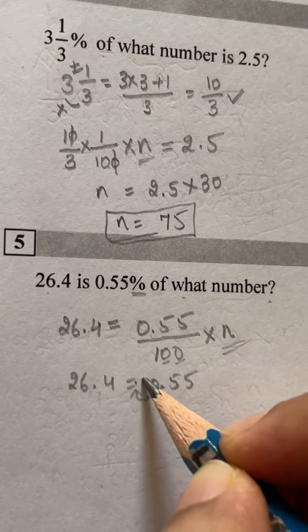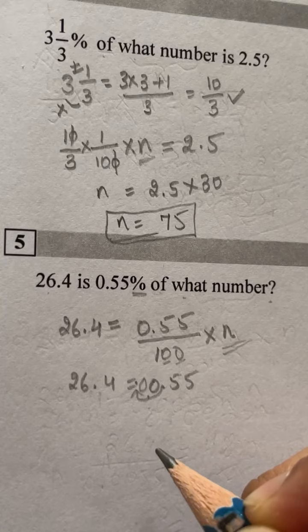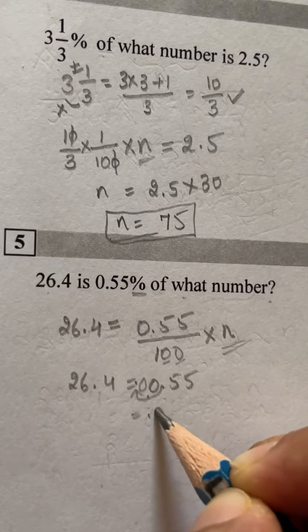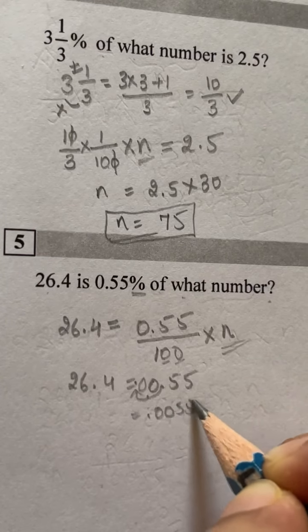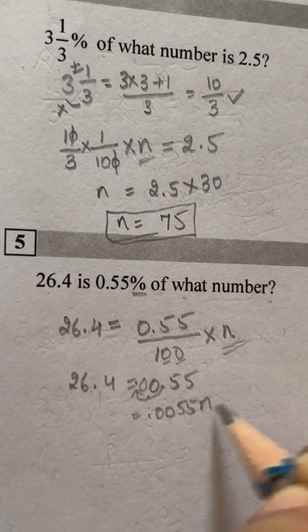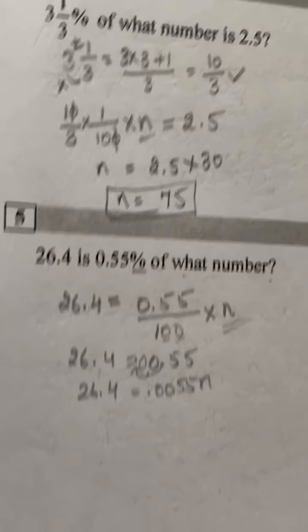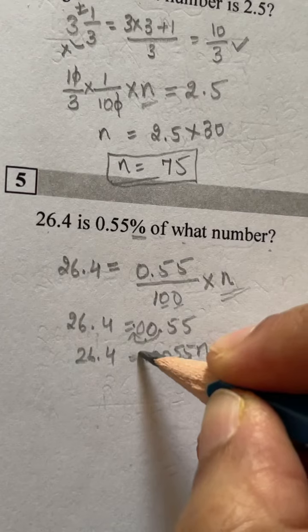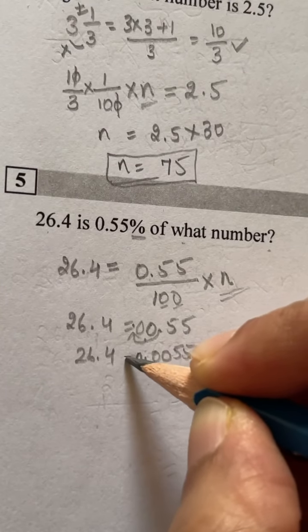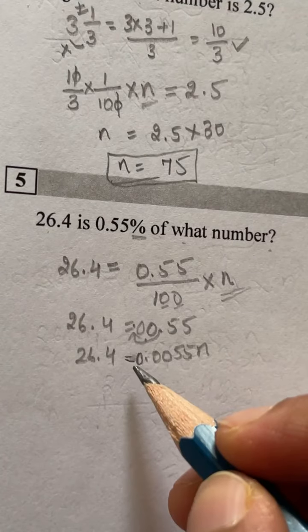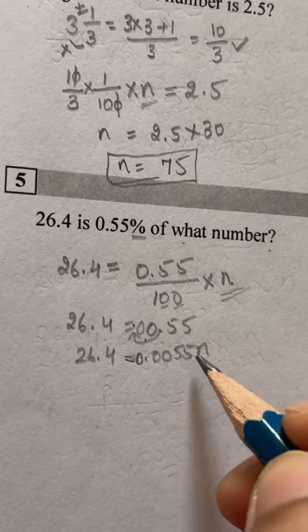This is an empty place, so you're going to put a 0 there. That's your answer. 0.0055 multiplied by n is 26.4. You can put a 0 before that as well. So you have 26.4 equals 0.0055 n.